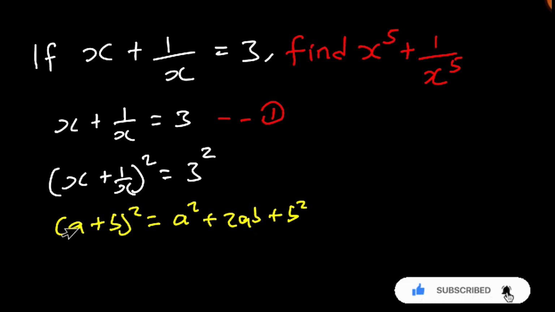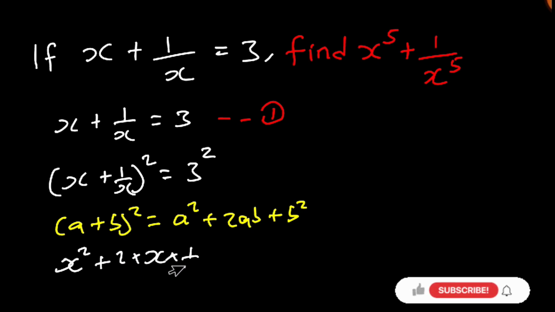So here a is x, b is 1 over x. So it's going to be a squared, then plus 2ab, so it's going to be 2 times x times 1 over x, then plus b squared, which is 1 over x squared, all equal to 3 squared, which is 9.